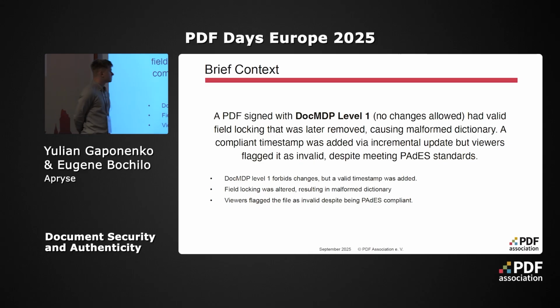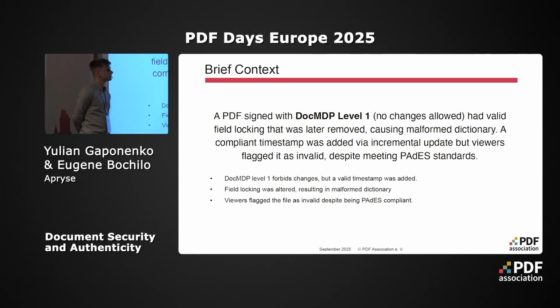Let's say that later, after the document is signed, you decide that you want to follow some standard which requires the document to contain a timestamp signature on top of the already existing one. And let's also say that this document is tagged, so you have a structure tree root, and your signature is tagged.